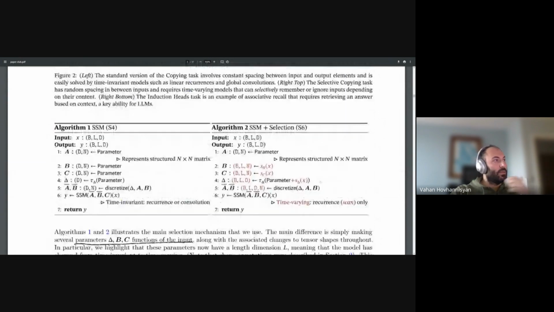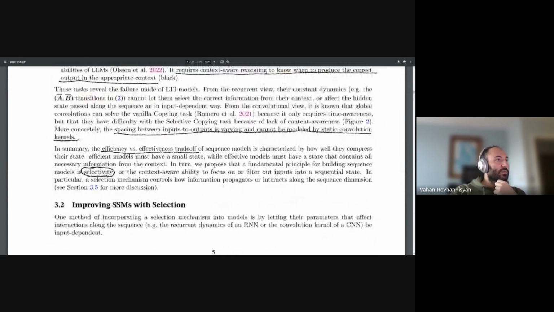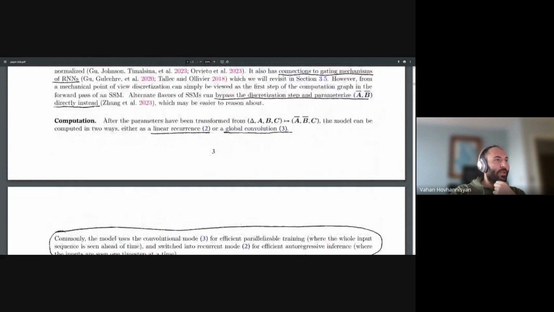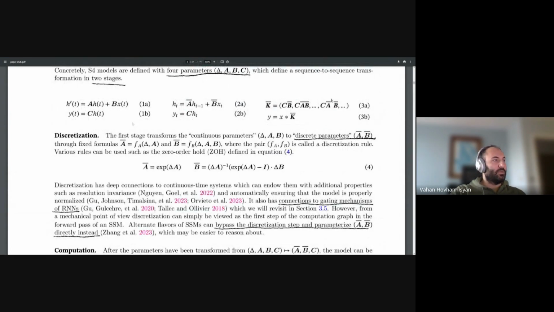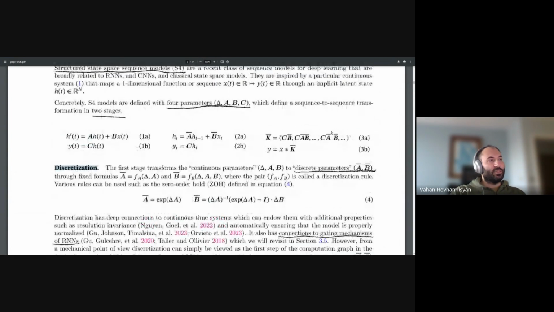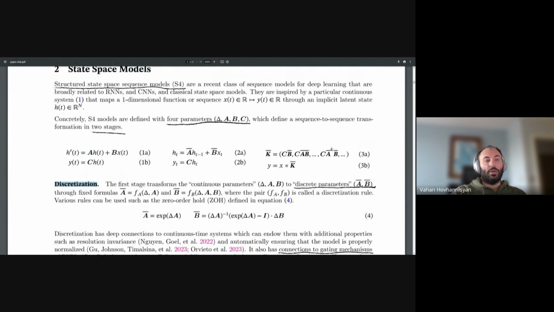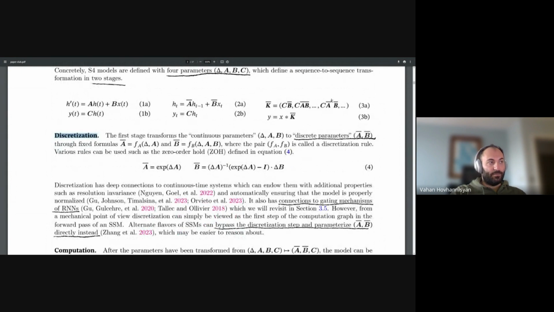Okay, let's go back and see what else we have here. I think that's the main thing with the algorithm. There is also this discretization, because the state space models are actually designed for continuous modalities. I'm not entirely sure how this discretization was designed. I don't think it matters too much.